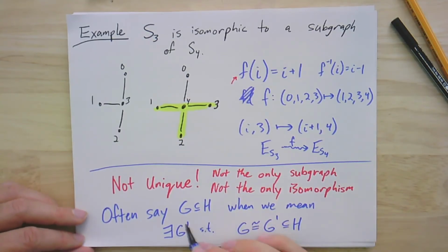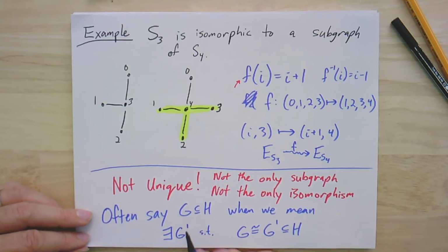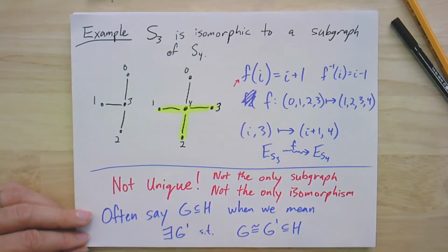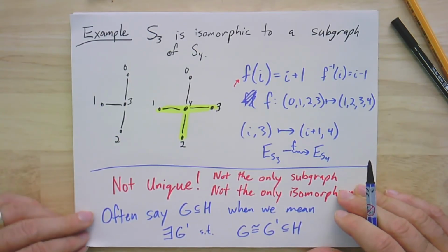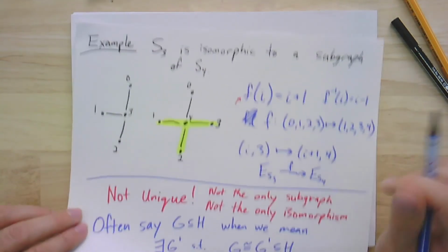And sometimes we won't make this distinction. Hopefully, like I said, we'll be careful about it. If I say something like it has a subgraph isomorphic to G, or it has a G subgraph, then usually I mean that it at least has a subgraph isomorphic to G. And so that gives us our way of talking about subgraphs, at least up to isomorphism.